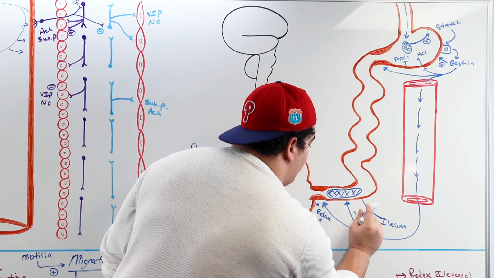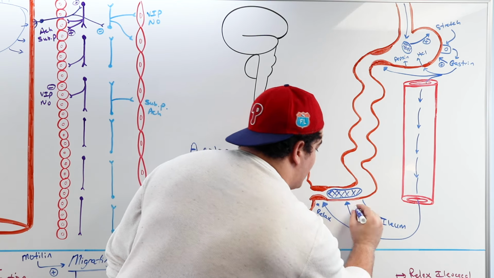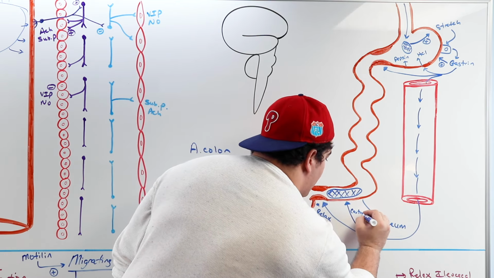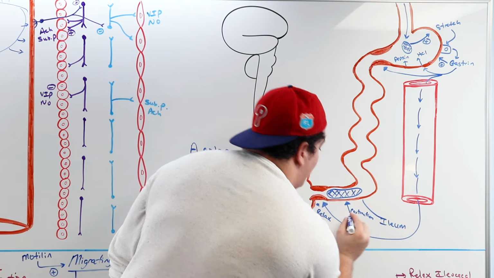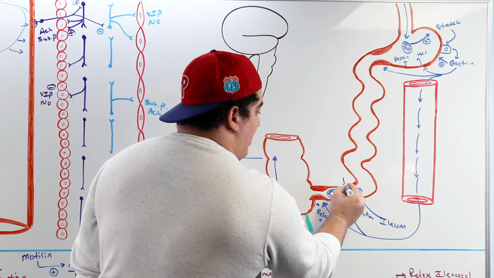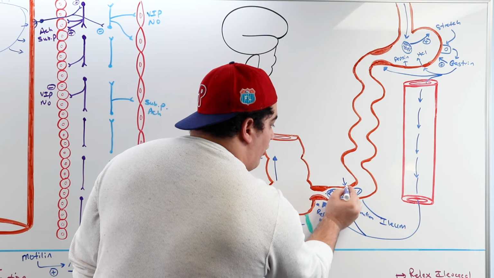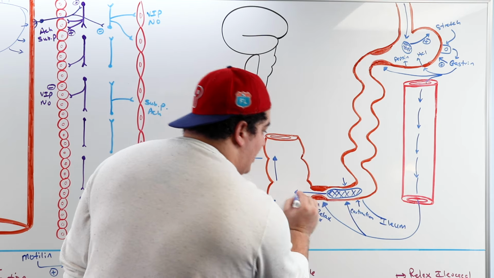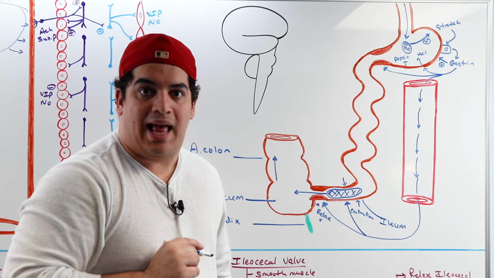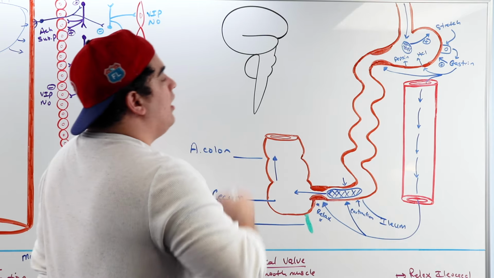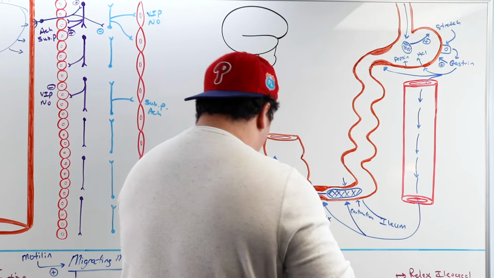So it's going to cause contraction of the distal ileum. And when it pinches here, what's it going to do? It's going to move this fecal matter from this portion of the ileum into the cecum as long as that valve is relaxed. Okay?